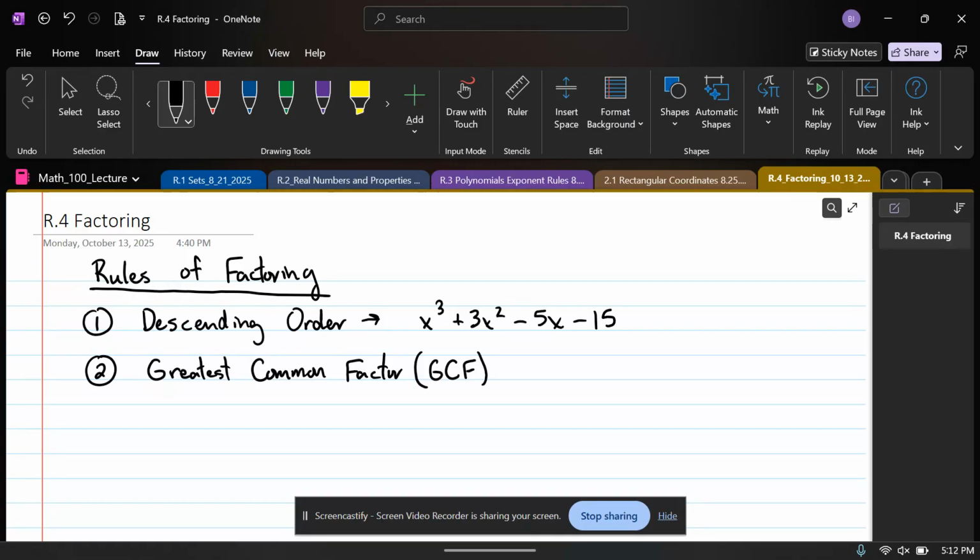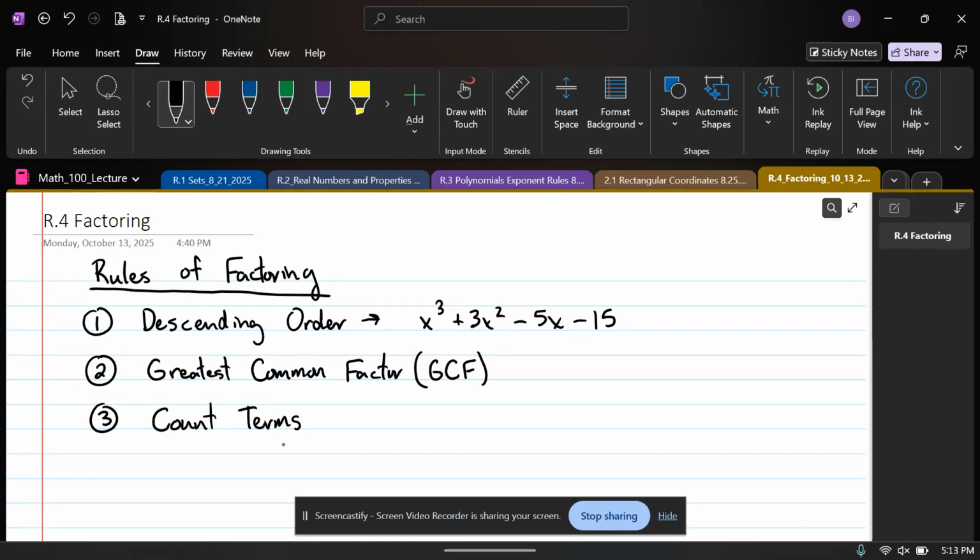Okay, after you've pulled out the greatest common divisor, or you've discovered that there is not one, the next thing that you do is you count terms. Based on how many terms there are in the problem tells you what method to use for factoring.